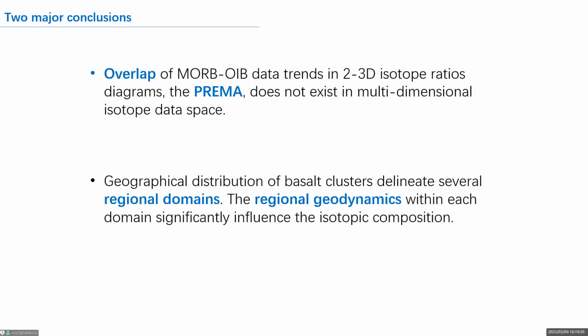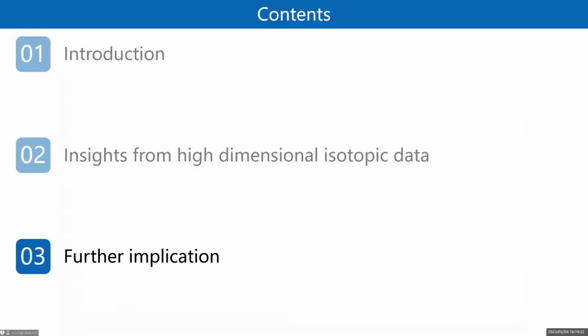This paper will give us some further implications. The second conclusion is not so surprising: the actual composition of the mantle sources could be more complicated than we previously imagined.